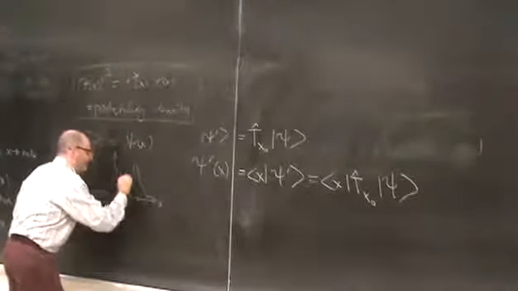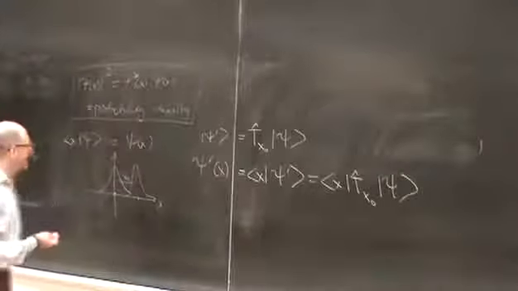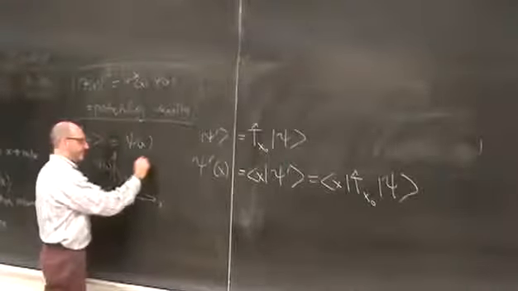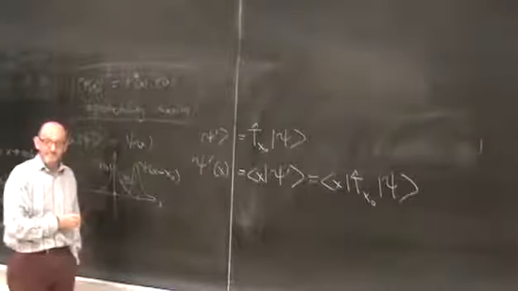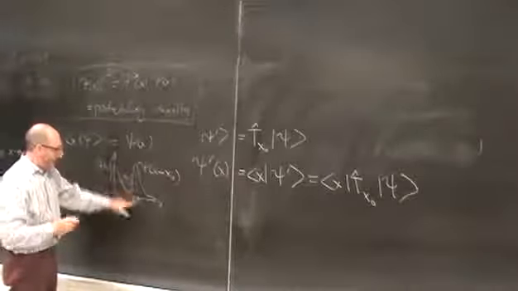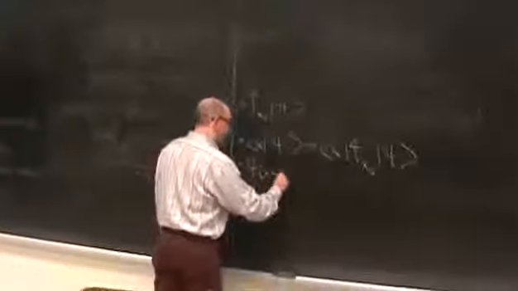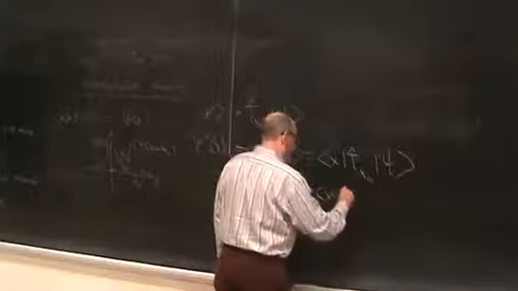Okay? So it should be the same shape. So imagine that. You're very good at imagining my drawings. If this is psi of x, what is this? Psi of x minus x naught. Right? So with that minus sign, because its value at the origin is the same as its value at x naught. So this function is psi of x minus x naught, which means that this has to be x minus x naught.